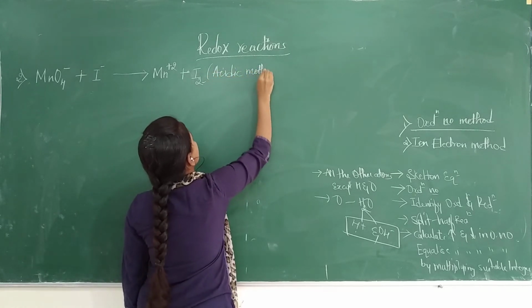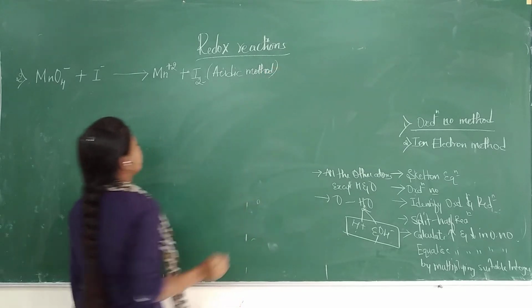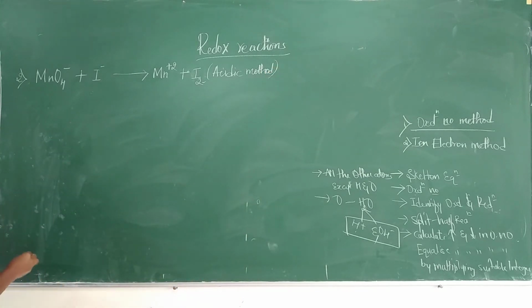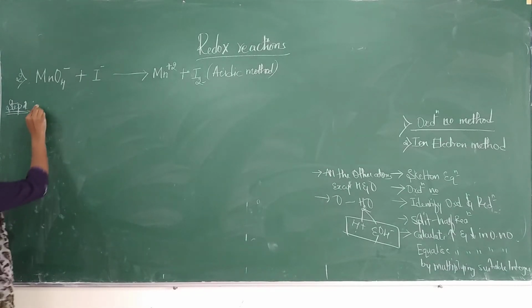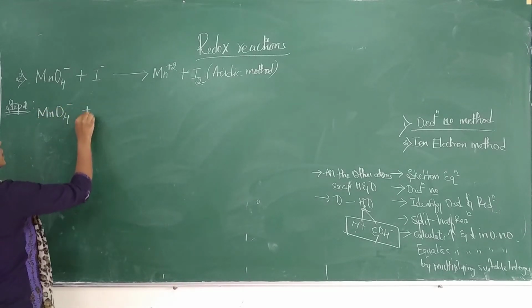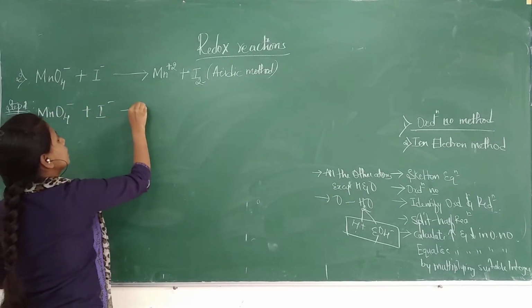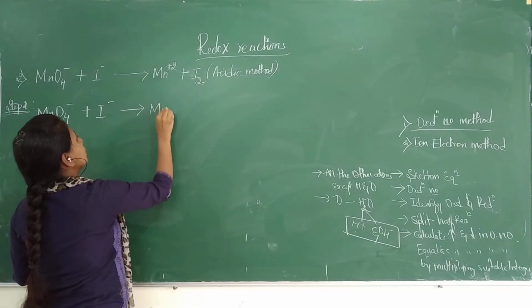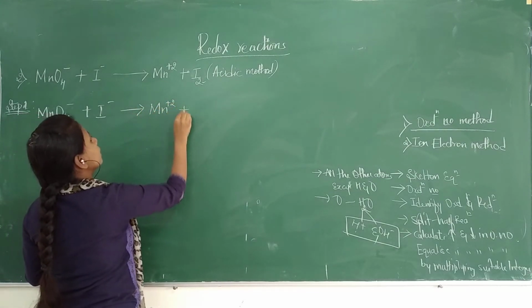So again, first we have to write a skeletal equation, where we already have a skeleton equation here. Which is the second step? You have to identify the oxidation number of each atom. So tell me the oxidation numbers.